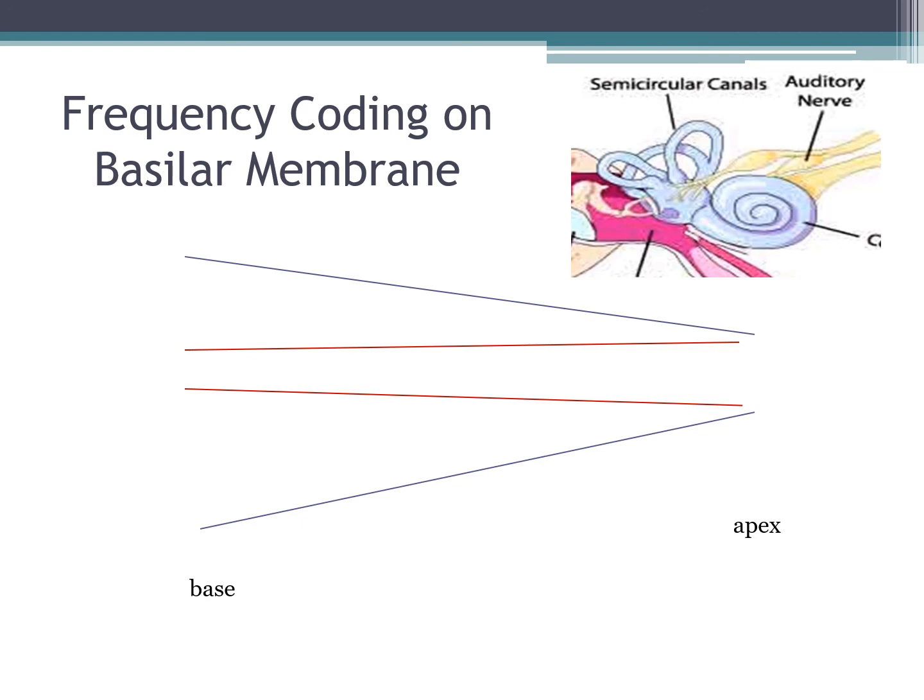The base is down at the main part, which is where the oval window is. You can kind of see the stapes there going against it. And as I'm winding up into that little shell, I'm getting to the apex. And so it's getting narrower and narrower, and I'm trying to show this with the blue lines in my not so excellent picture, going from the base to the apex.